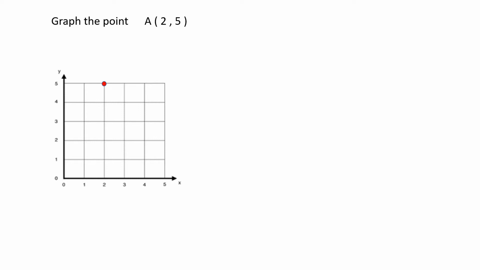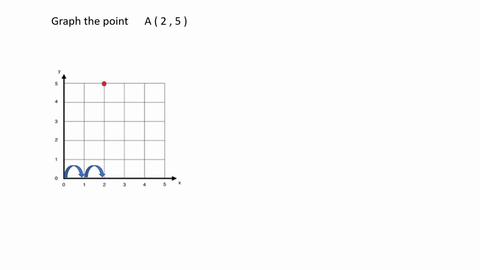Look at the first number, which is 2. The first number in the ordered pair tells me how many movements to the right, horizontally. So start moving from 0, 2 units to the right.